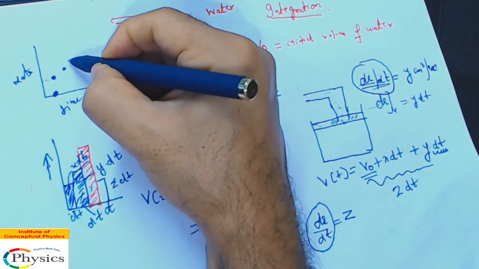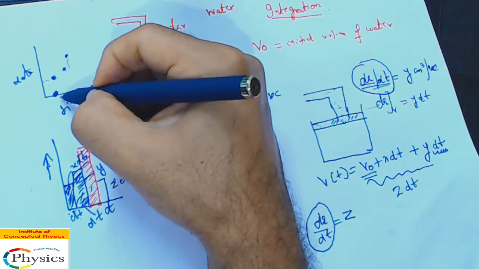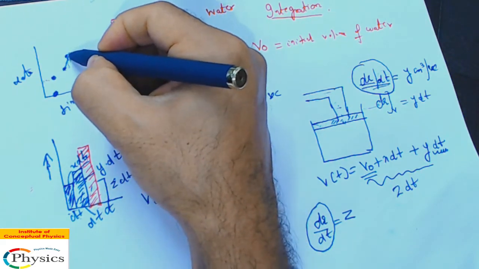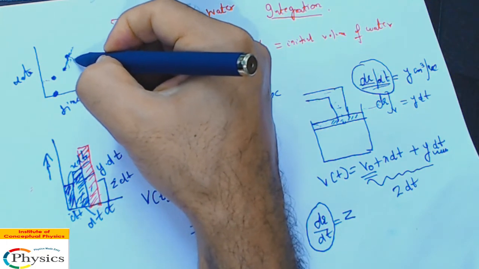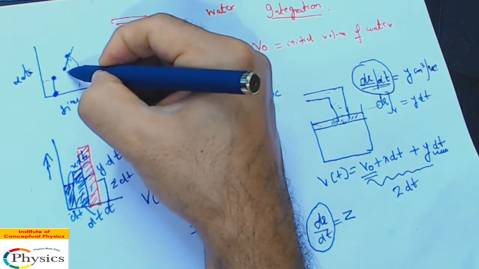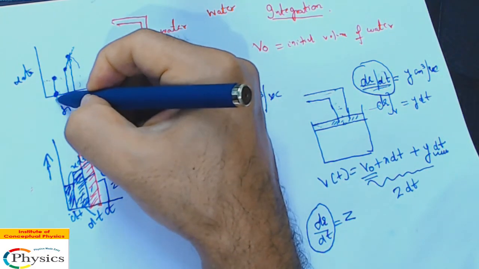Maybe this time the rate goes up in the same time interval drastically. The time interval elapsed is same, but the rate has gone up from y to z. And then maybe it fell down in the time interval dt. So all these time intervals are dt time intervals, okay?